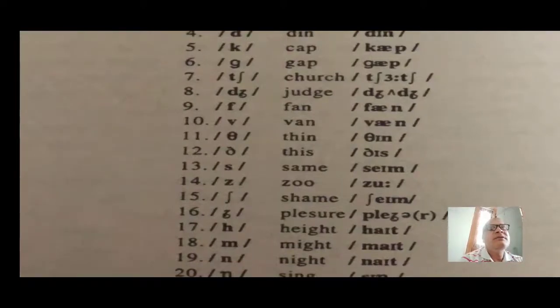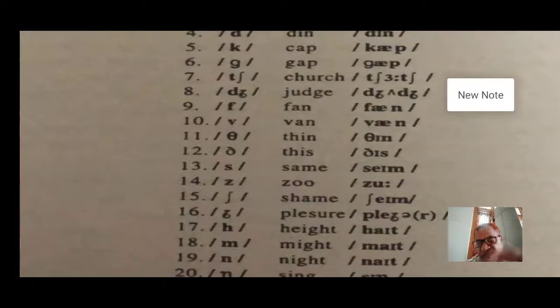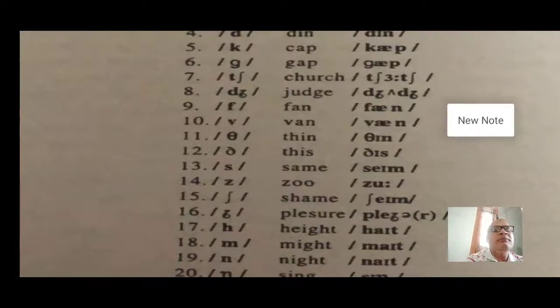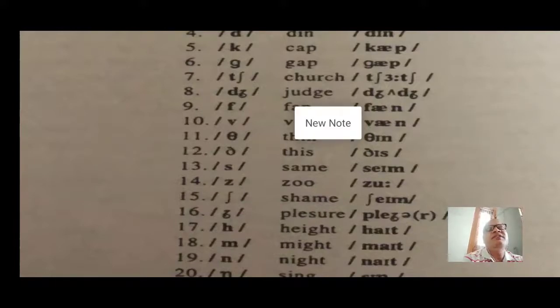How can we find that difference? When we put our palm on the throat, if we hear some friction, vibration on the throat, that's called voiced sound. The other, if we don't find any friction, is voiceless.